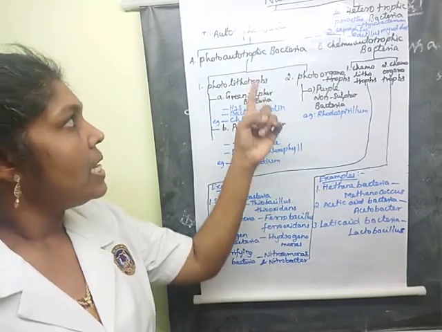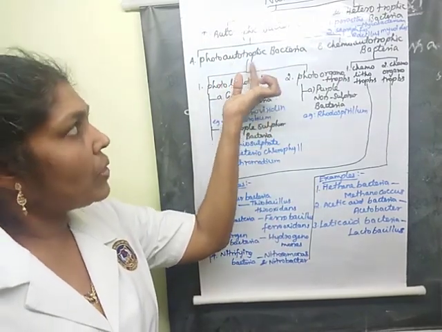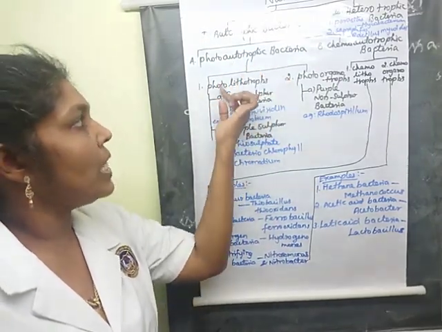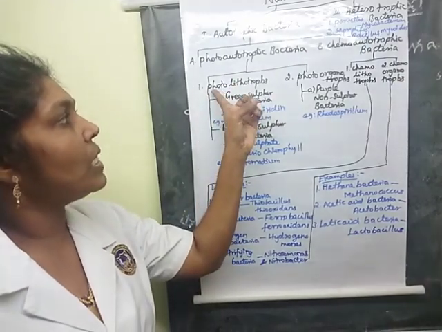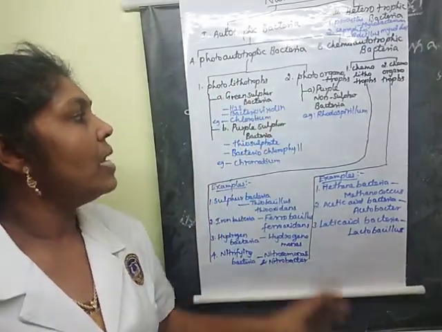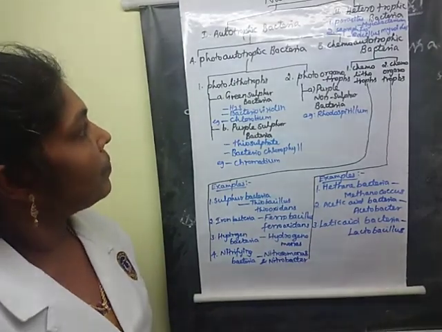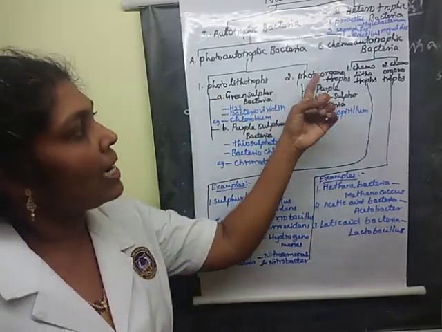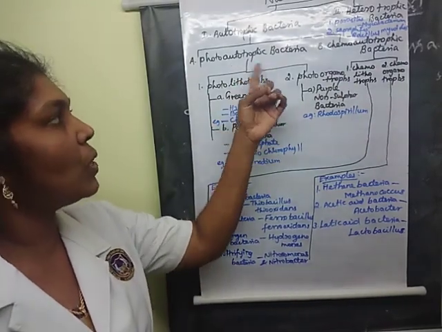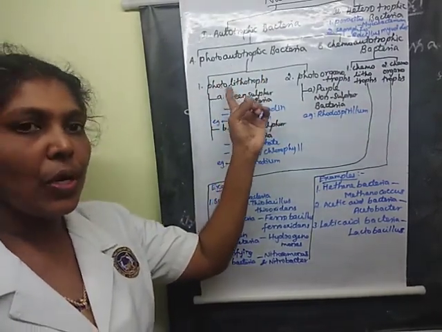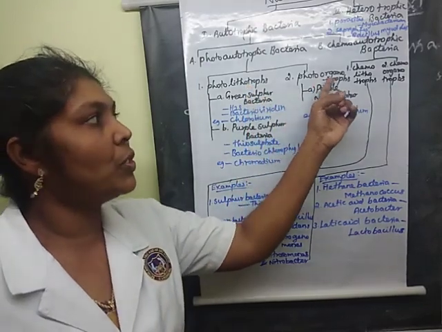Understood? Yes. Next, photoautotrophic bacteria come under two types: photolithotrophs and photoorganotrophs. What are the two types of photoautotrophic bacteria? Photolithotrophs and photoorganotrophs.